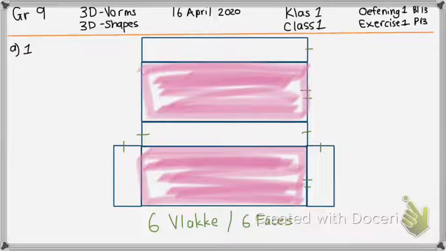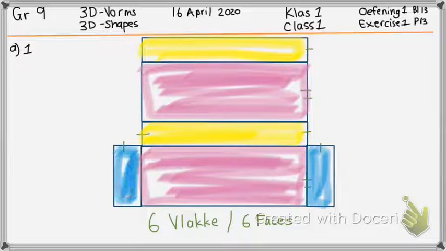And then also, it's important that this yellow one is exactly the same size as this yellow one. And this blue one is the same as this blue one. There are also more ways to draw this net. Just make sure that you are correct.